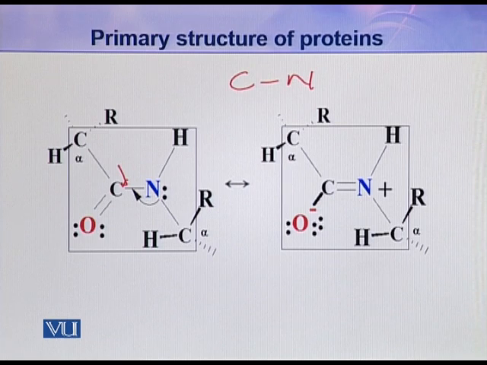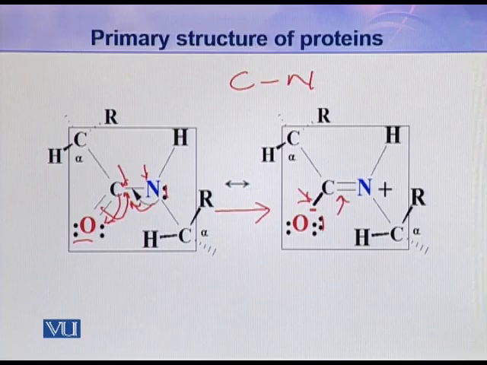Why is this bond shorter than a normal bond? Here you can see this nitrogen has a lone pair of electrons, and this lone pair is shared with this oxygen. This lone pair is transferred to this bond, and from here it is transferred to oxygen. When the lone pair is transferred to oxygen, the double bond is shifted from here to here, so this bond becomes double while the C-O bond becomes single.